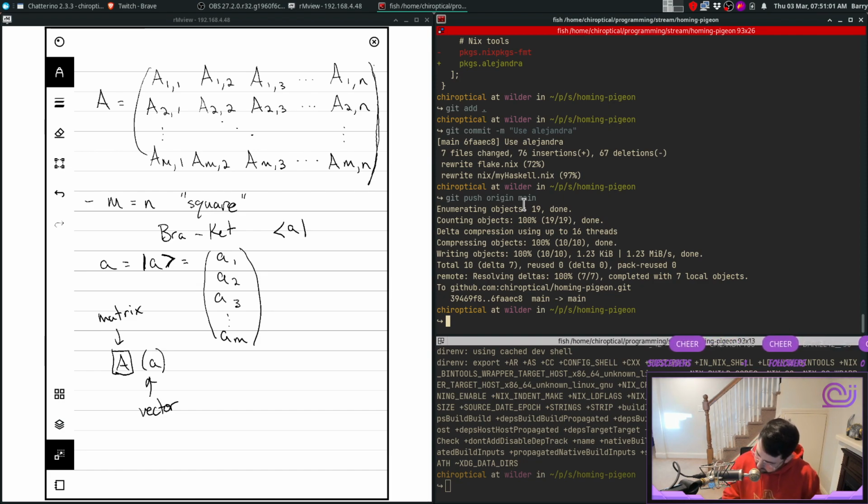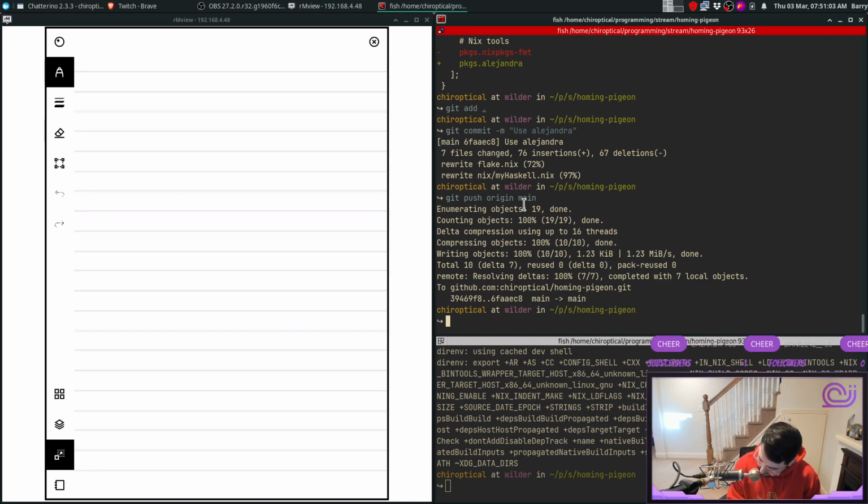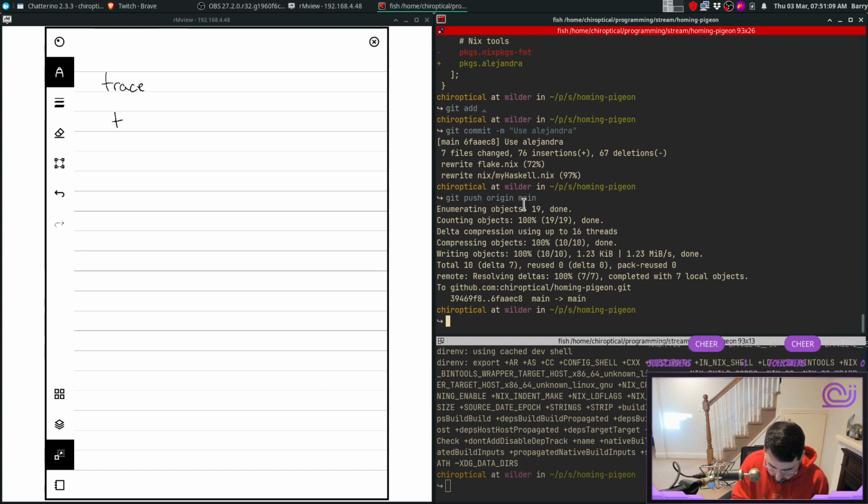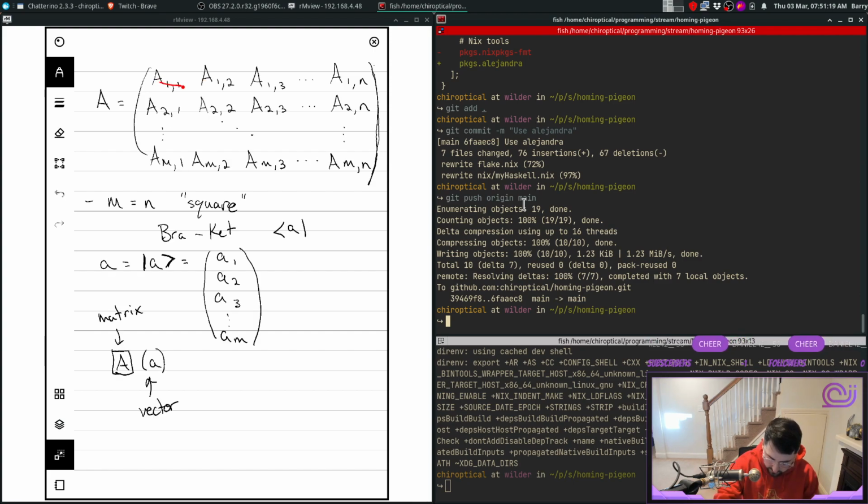So there's a matrix. Now we're going to start talking about other things. Let's talk about the trace. In the book it will be written tr, which is the sum along the diagonal of the matrix. So the diagonal is A11, A22, A33 to Amn.